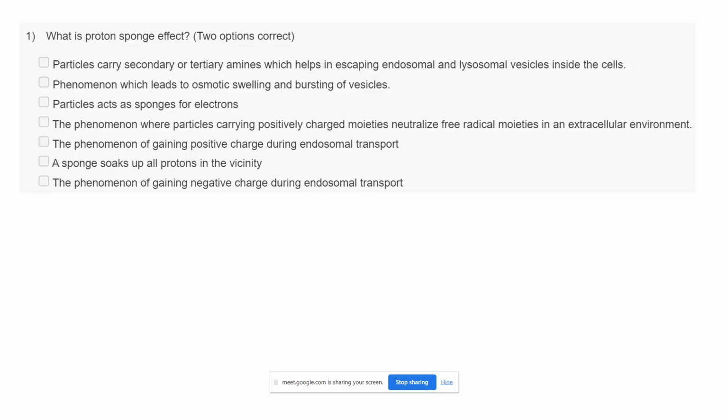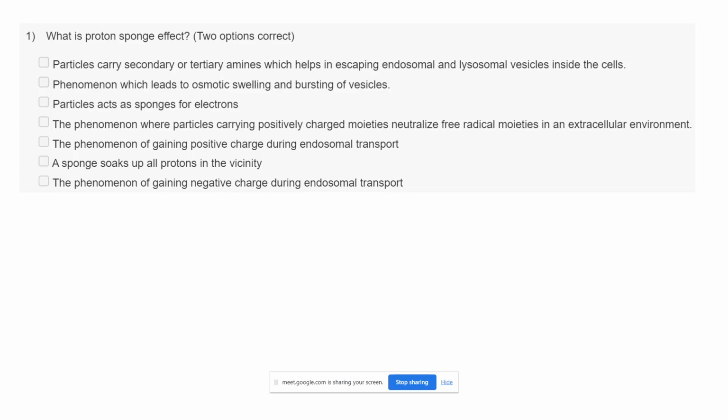So this is the first question for today's assignment. What is proton sponge effect? You have to choose two options that are correct. Particles carry secondary or tertiary amines, which helps in escaping endosomal and lysosomal vesicles inside the cells. Phenomenon which leads to osmotic swelling and bursting of vesicles.